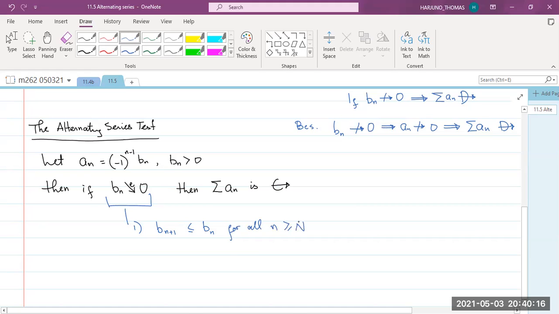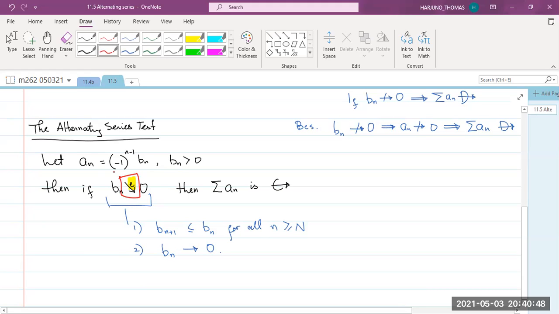It doesn't have to start from 1. That's why I use eventually. Okay, it is eventually decreasing. And the second part, that notation also means that B sub n is convergent to 0. Okay, so it is decreasing and convergent to 0.